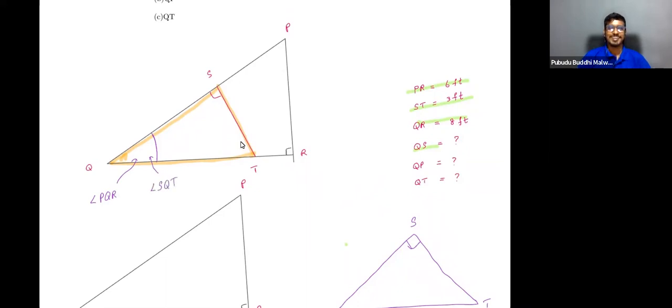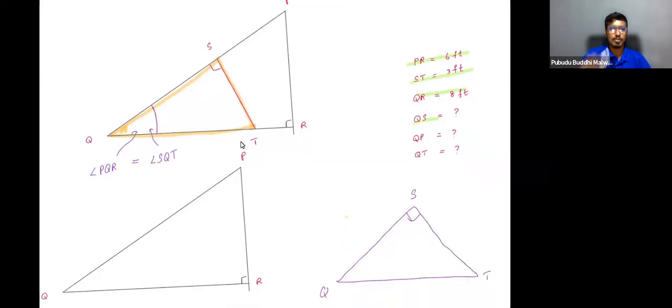Doesn't really matter what triangle you use, the angle is same. That's the bottom line. So PQR equals SQT. In other words, that angle is common for both triangles.